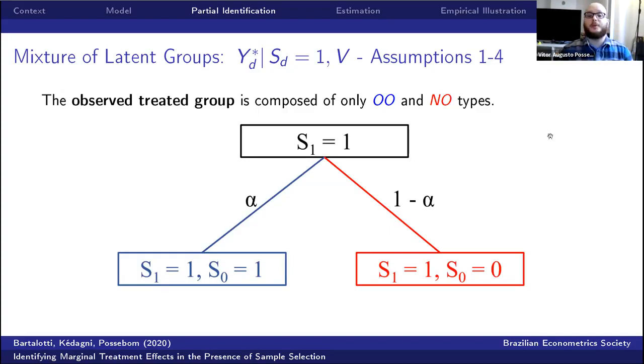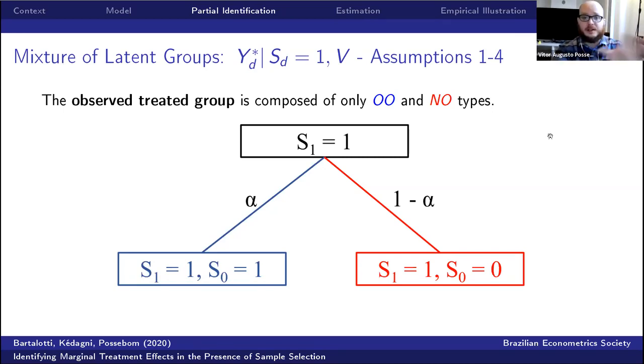The observed treated group is composed only of two types. There's the always observed group in blue, and the observed only when treated group that I denote in red. And at this point in time, I will assume that I know the proportion of those two groups within the observed treated group. And I denote this proportion by alpha.